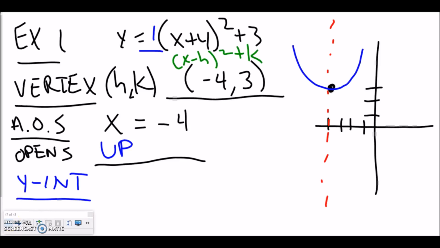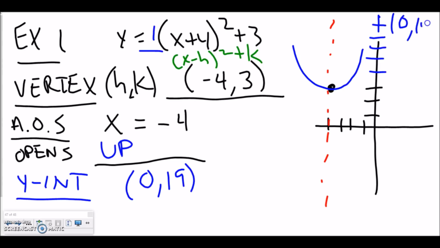Go back to our equation, and it's going to be (0, 19). So what does that mean? It means way up here at 19, wherever that is, at the point (0, 19), that's where the parabola crosses the y-axis.